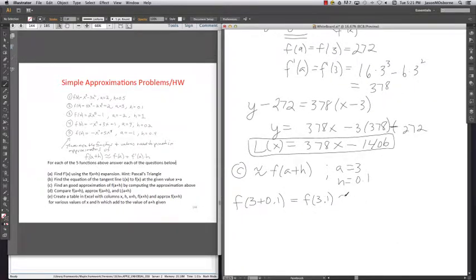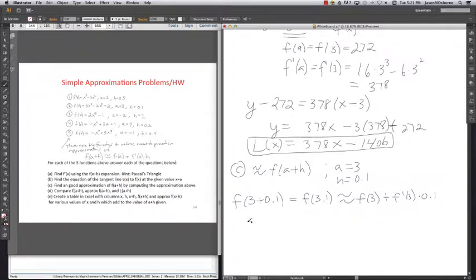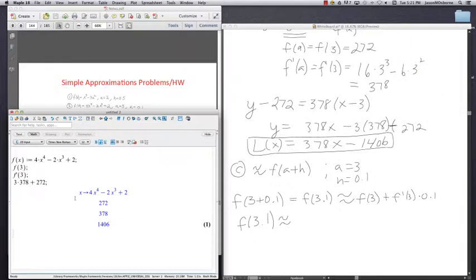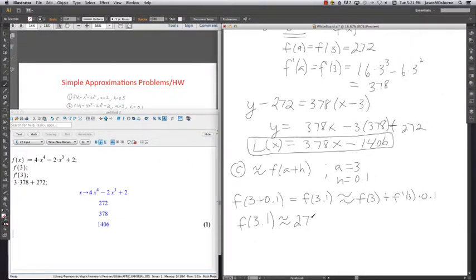The approximation formula is the function evaluated at 3 plus f prime of 3 times h, in this case 0.1. So the function evaluated at 3.1 is approximately our function evaluated at 3, which was 272. You can see that right here. The derivative at 3 was 378, so plus 378 multiplied by 0.1.